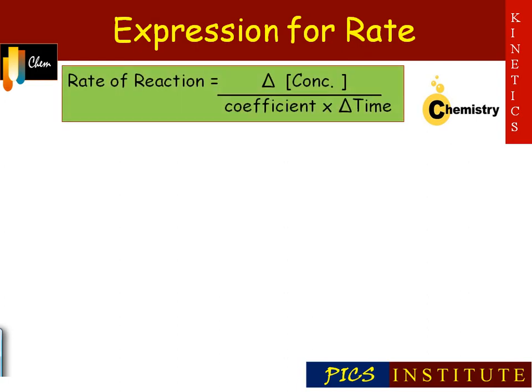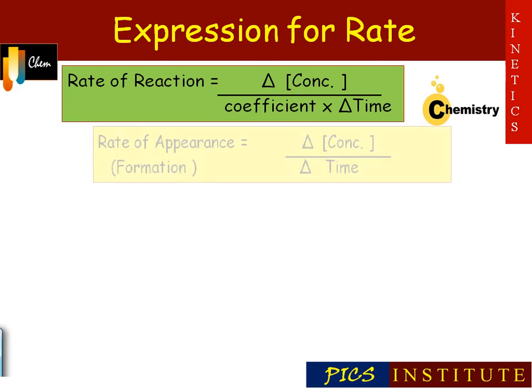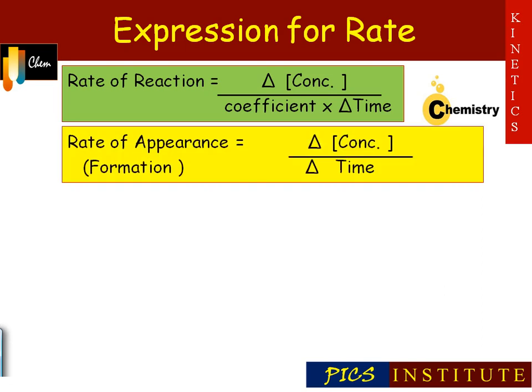So expression for rate of reaction: change in concentration of either reactant or product divided by coefficient as represented by the balanced chemical equation and divided by change in time. For rate of appearance and formation, now rate of formation is different than that of rate of reaction.